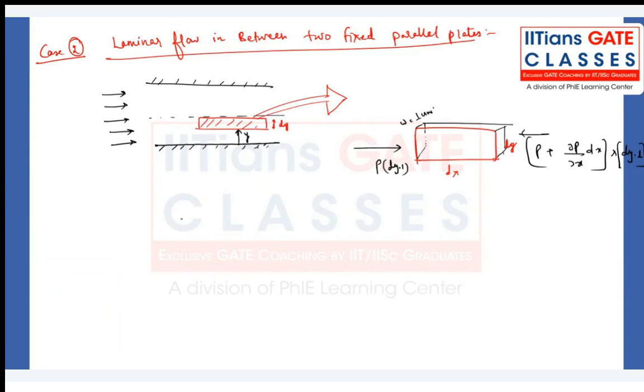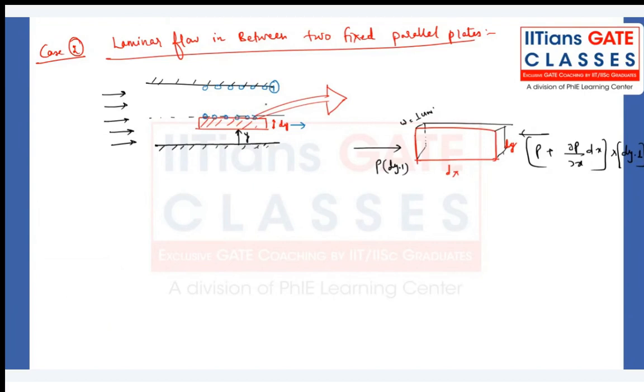When you take the fluid element like this, when the fluid is flowing like this, what will happen? This fluid layer which is attached to the top plate is fixed. What will happen to the fluid interaction between layers 1 and 2?